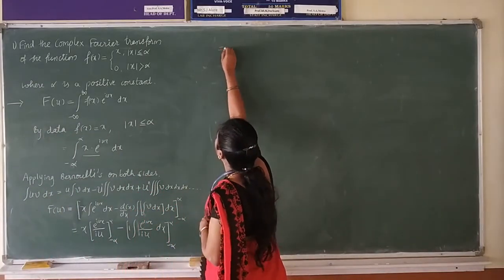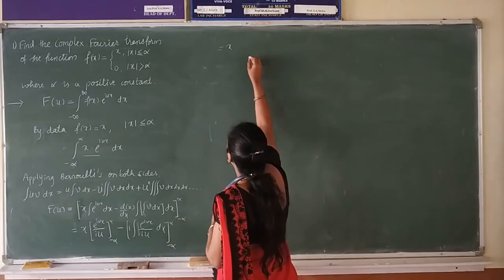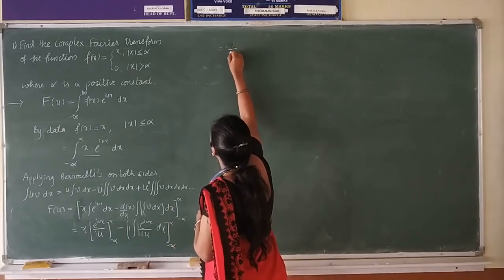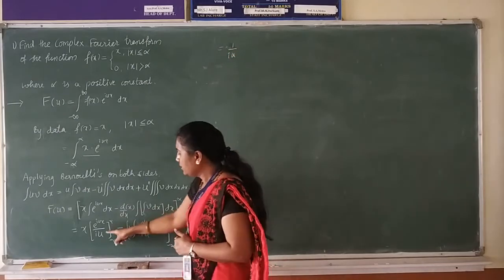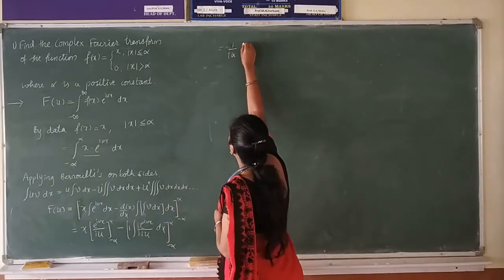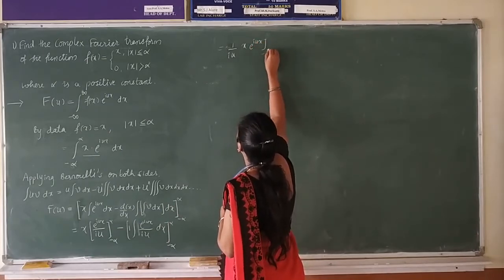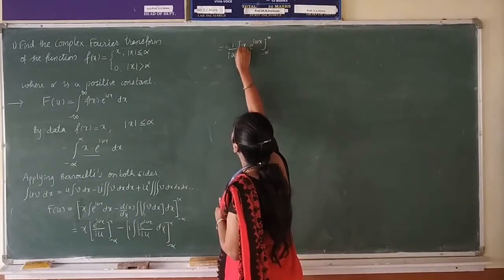Next, this equals x into, here you can see 1 upon iu is a constant term, so write it outside. The function term is x into e to the power iux, applying the limits only for the function term.